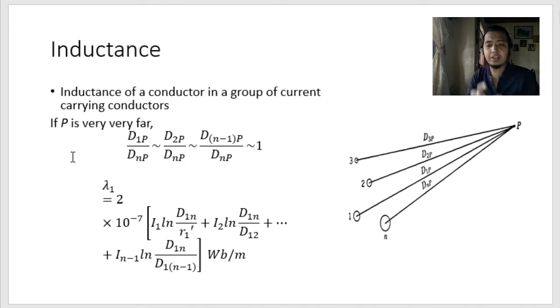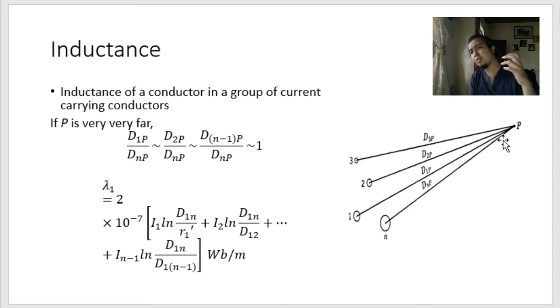If P is very, very far, such that your arbitrary point considered goes a very, very far distance, then the ratio of 1P and NP is approximately equal to 1.